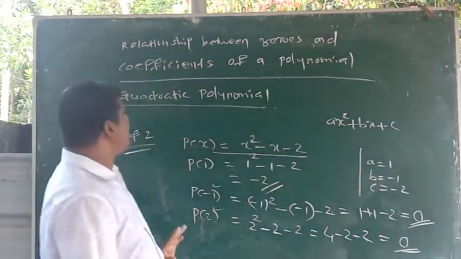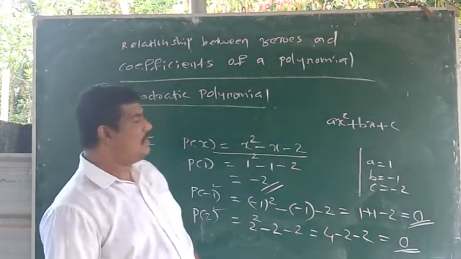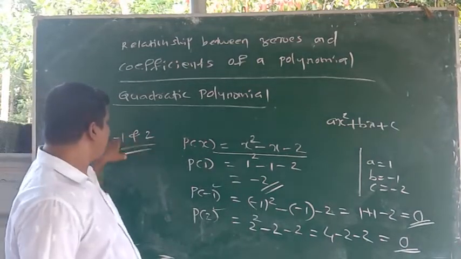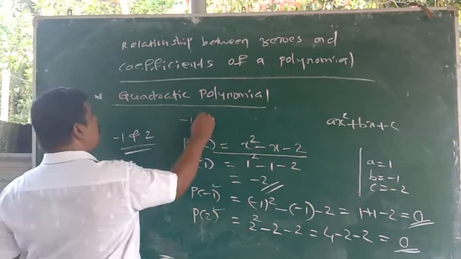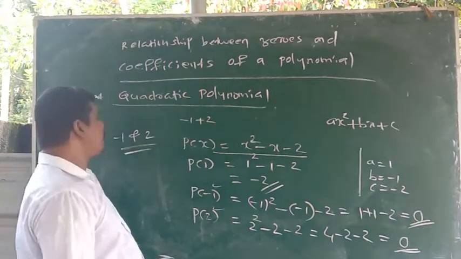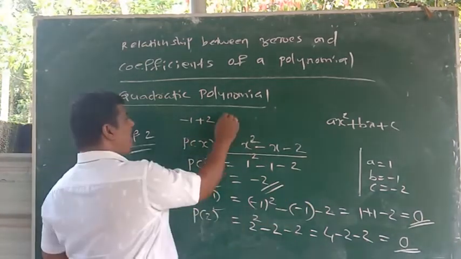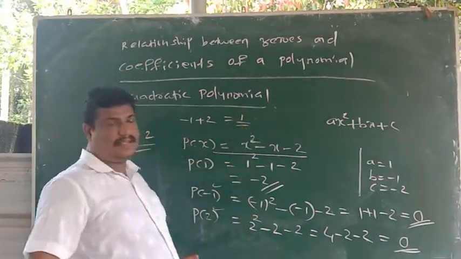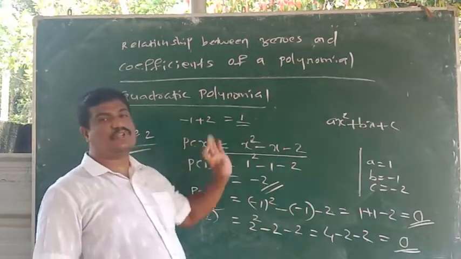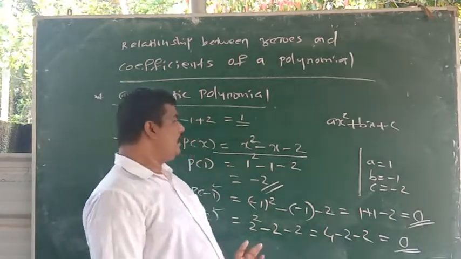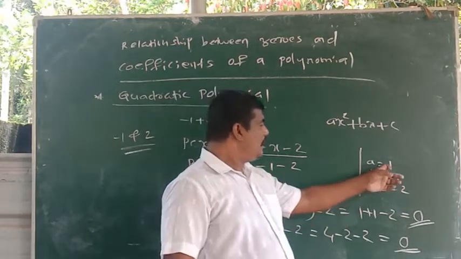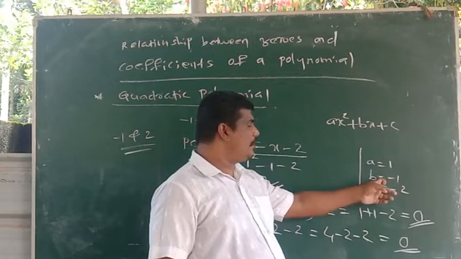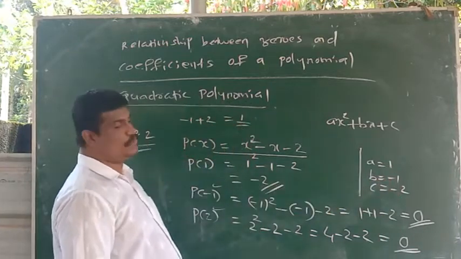Relationship between zeros and coefficients of a polynomial. Listen, what is the sum of the zeros? Minus 1 plus 2. What is the answer? 1. Clear? The sum of the zeros of the polynomial is 1. Here, coefficient of x square is 1, coefficient of x is minus 1, constant term is minus 2.